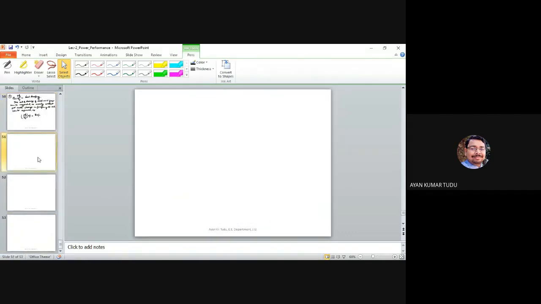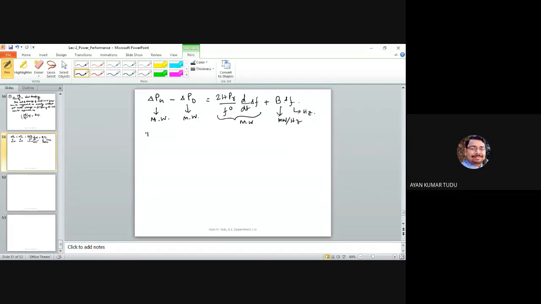So delta Pg minus del Pd is equal to 2H Pr by f naught d by dt of delta f plus B into delta f, where each term is in megawatt, and B is del Pd by del f, so it is megawatt per hertz, and delta f is in hertz.